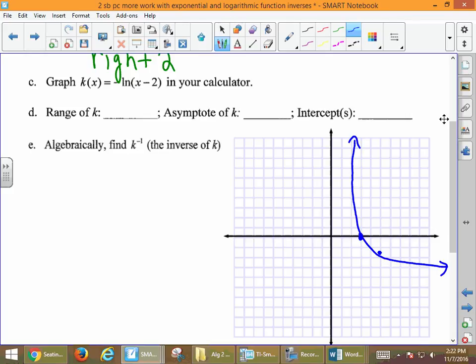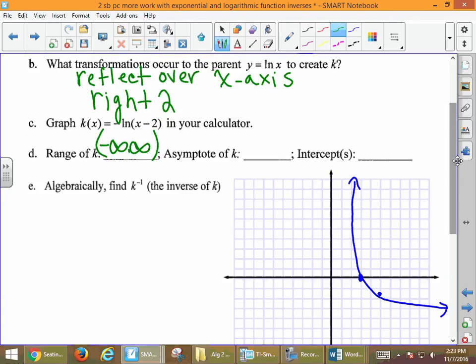Again, we're dealing with a logarithmic function, so what's the range of this? And it's still going to be negative infinity to infinity. Do we have any intercepts here?